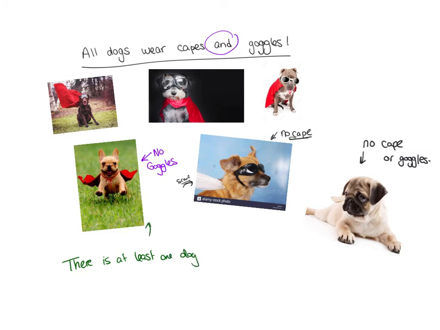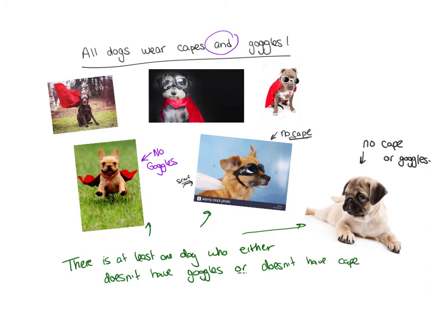So we had 3 different examples, but any of these could prove my statement wrong: a dog who either doesn't have goggles, man, goggles is really hard to spell, or doesn't have a cape. And again, we're using our math or here, so that automatically includes or both. So it both doesn't have a cape and doesn't have goggles.